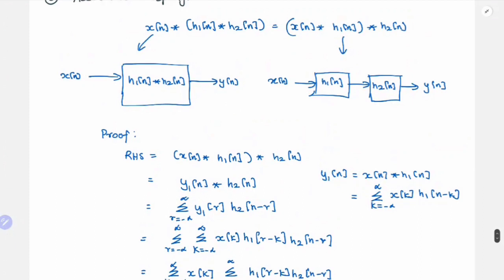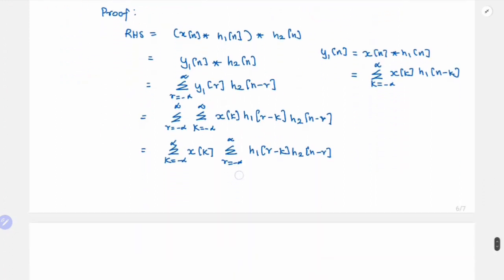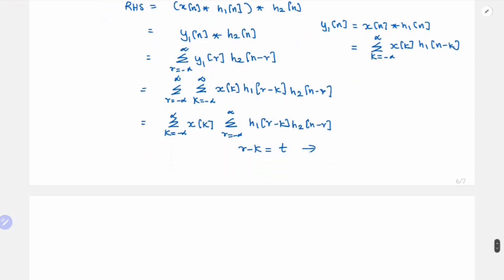So if you observe, to bring it to the form of h1 of n convolved with h2 of n, which is of the form summation k equal to minus infinity to infinity, h1 of k, h2 of n minus k, my h1 should have only one variable here. So I have to replace my r minus k with some other variable, let's call it t. If I do that, what happens to my summation? It's still going from minus infinity to infinity, right? And then what happens to my r? r minus k becomes t, and r is nothing but t plus k.